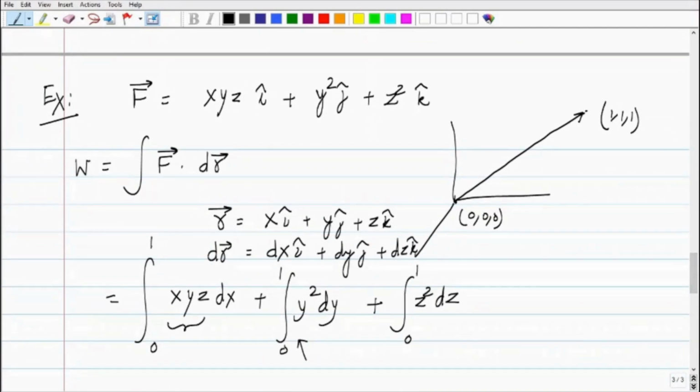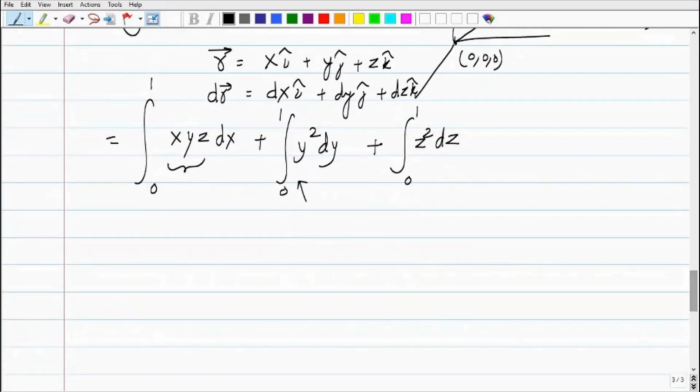Because this path is a straight line joining 0, 0, 0 and 1, 1, 1, any point on this path has the form x comma x comma x. So basically y is equal to x and z is also equal to x. That means we can come back here and write down y and z both in terms of x.